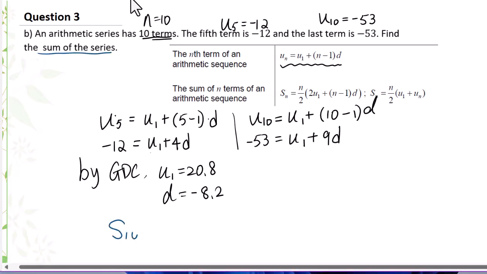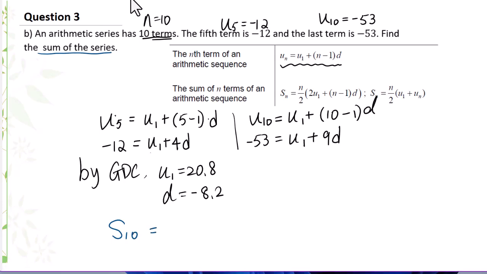S sub 10 equals, we will use this formula, 10 over 2 times u sub 1, which we already figured out is 20.8, plus u sub 10, which is negative 53, equals negative 161.